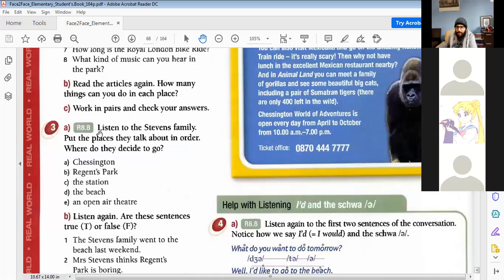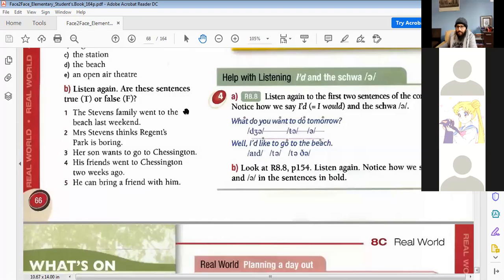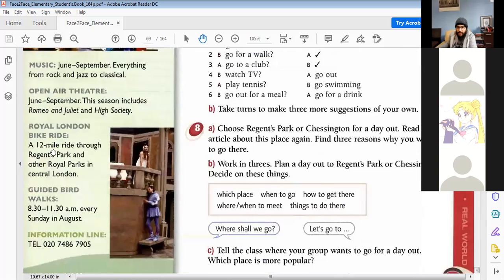Okay, question number 7. How long is the Royal London Park ride? Let's check. I think 12 miles. Do you know how many kilometers 12 miles is?